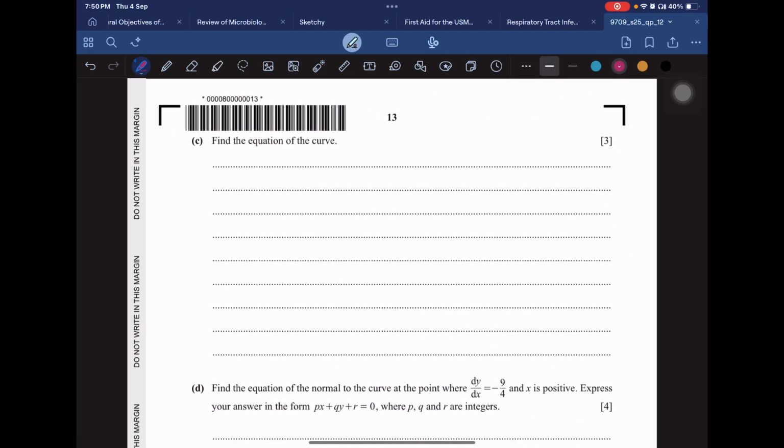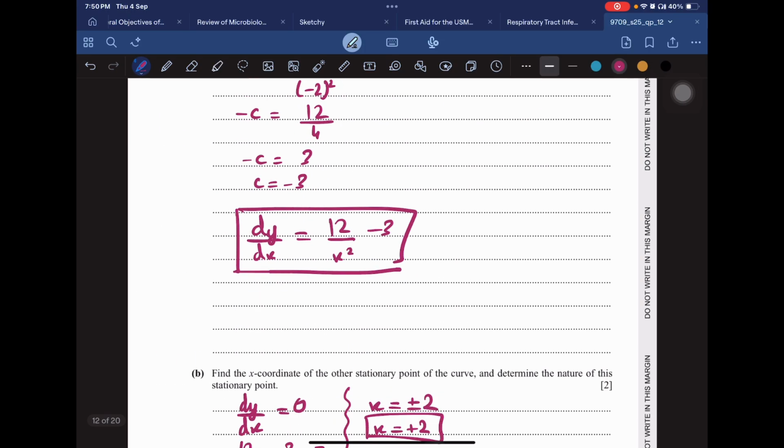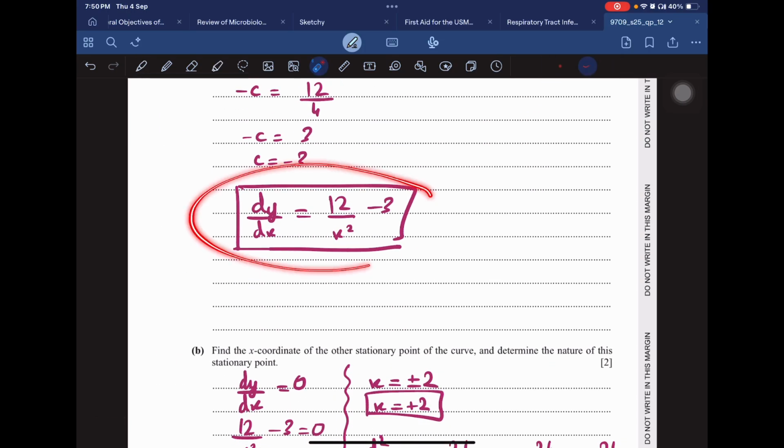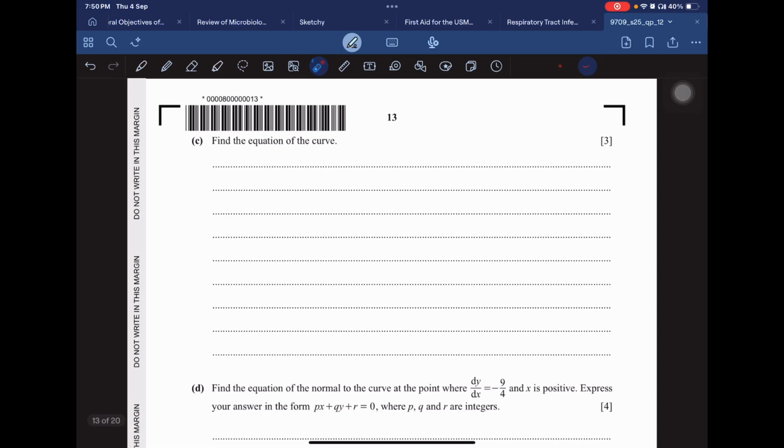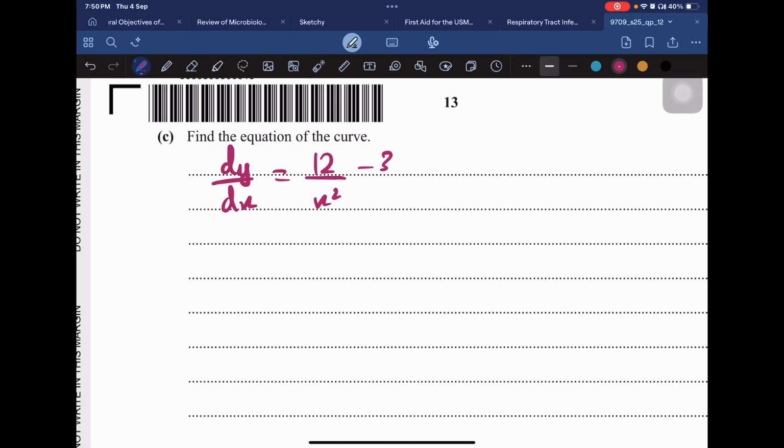Part C, find the equation of the curve. Alright, so we've gotten an expression for dy over dx. If we integrate this again, we'll get the expression for the curve. Now when we integrate this, we'll get y. So I'll first write this in a simpler form.